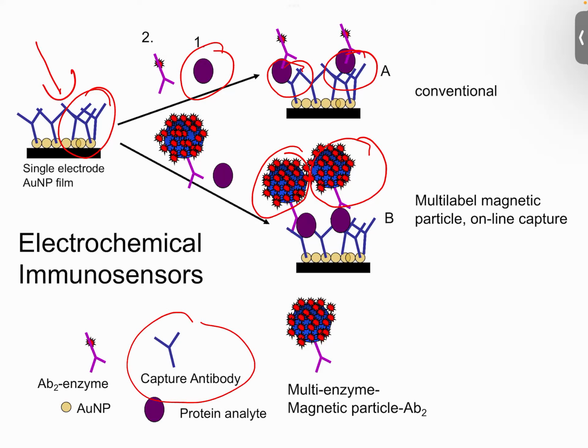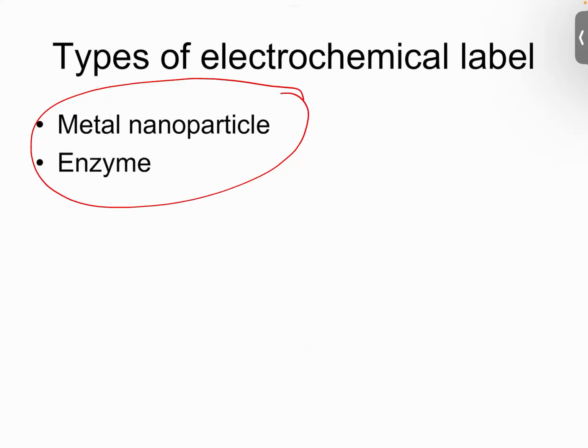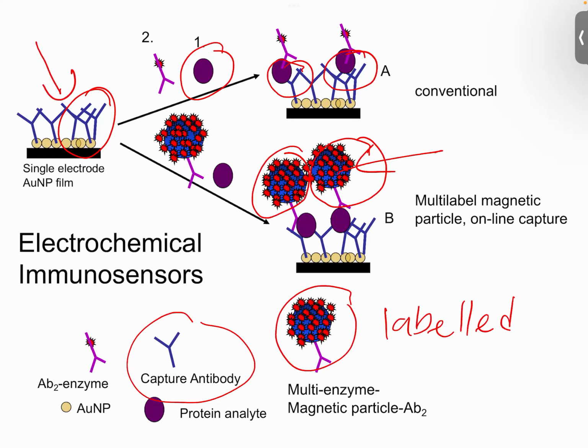And then you have the label, right? This is what we call label antibody. So the antibody has extra material. In this case, the label is a metal nanoparticle, specifically, I think it's a magnetic particle.